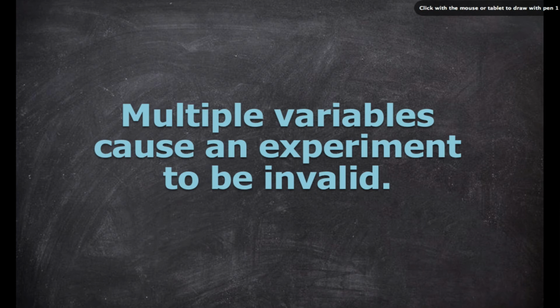For example, if you're including more than one independent variable, there's a good chance that you're not going to know which variable was responsible for your observed results. So that's why we always keep it to one independent variable, and also make sure, again, you repeat the experiment and keep your sample size large.